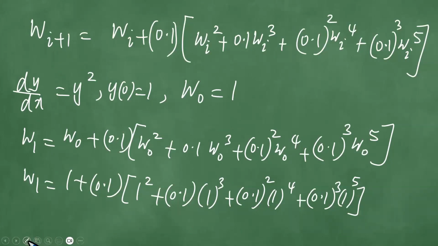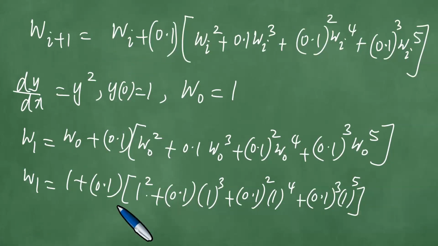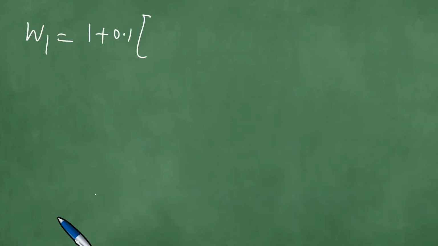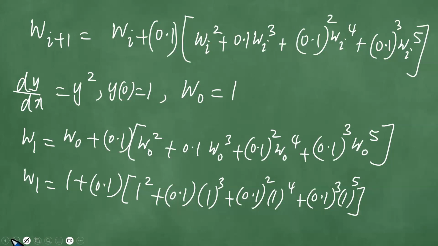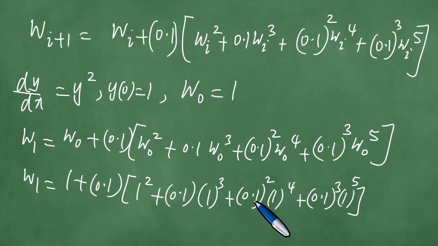Now, W1 is, okay, can I use a calculator quickly, which is 1 plus 0.1. And you have 1 squared. And then 0.1 times 1 cubed, just 0.1. Just write 0.1 here. And then here, which is 0.1 squared times 1, 0.1 squared.